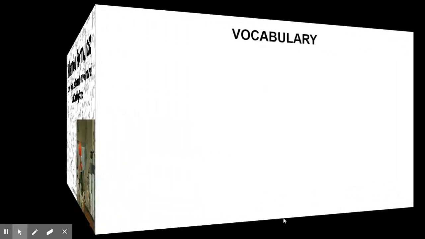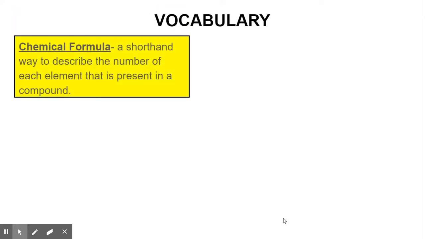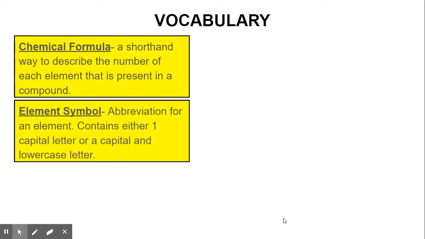So before we begin, let's just go over some important vocabulary words that we haven't seen before. The first one is chemical formula. This is a shorthand way to describe the number of each element that is present in a compound. The element symbol, which you should already know, is an abbreviation for an element.